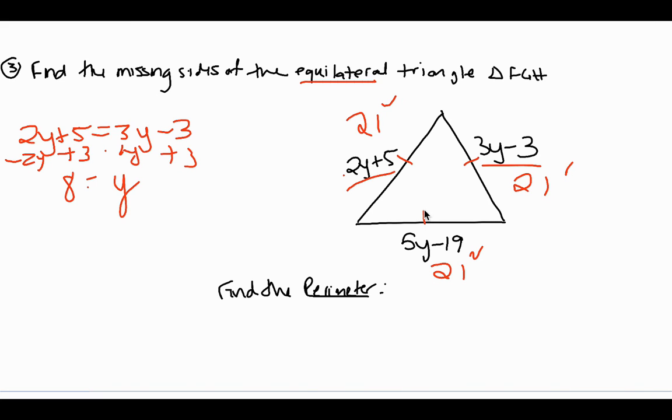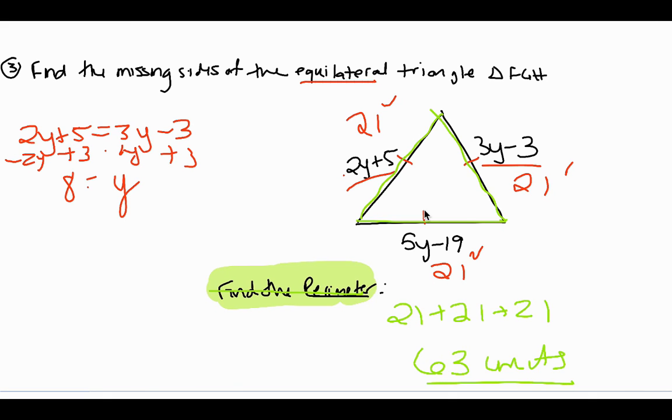I also want to bring your attention down here. There was a second part of this problem that asks us to find the perimeter. In order to find the perimeter, we add all the sides of our triangle. So 21 plus 21 plus 21, we would have gotten 63 units for our perimeter.